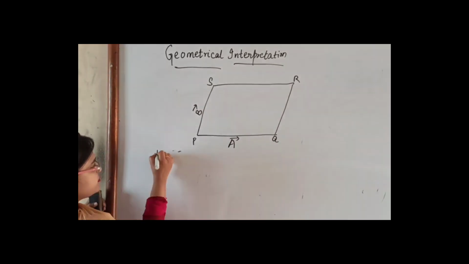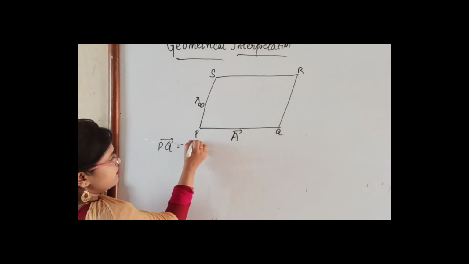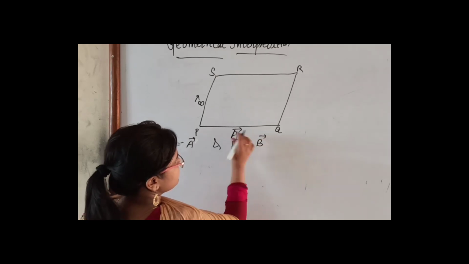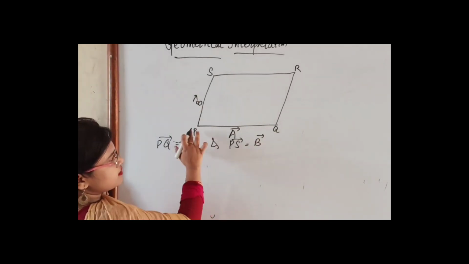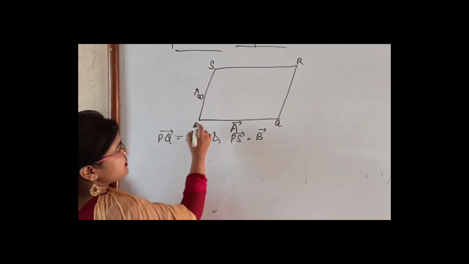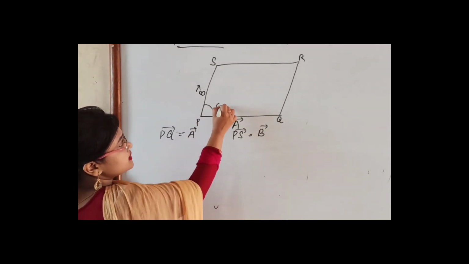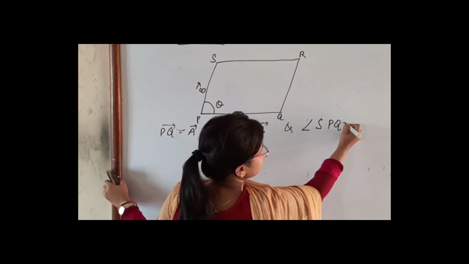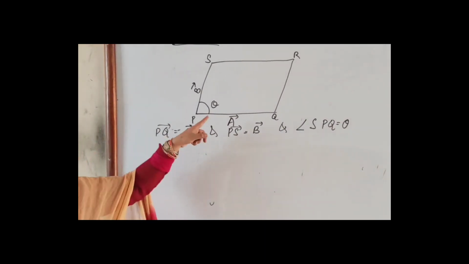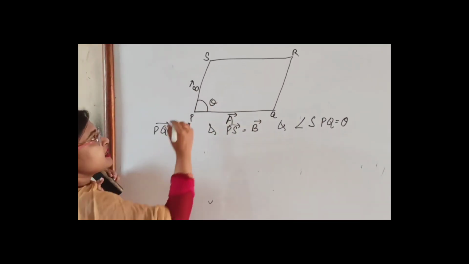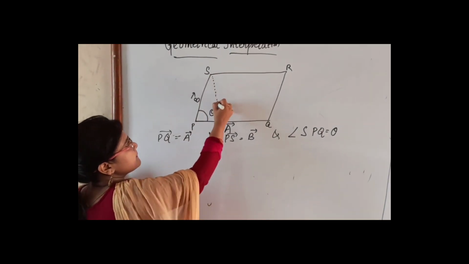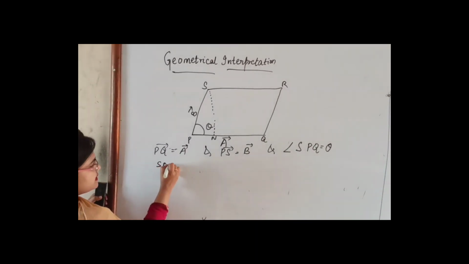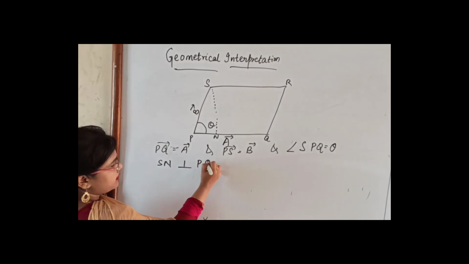These are the adjacent sides of the parallelogram, PQ and PS. The angle between them is theta, and angle SPQ is theta. The angle between vector A and vector B is theta. Let us draw a perpendicular SN on PQ.